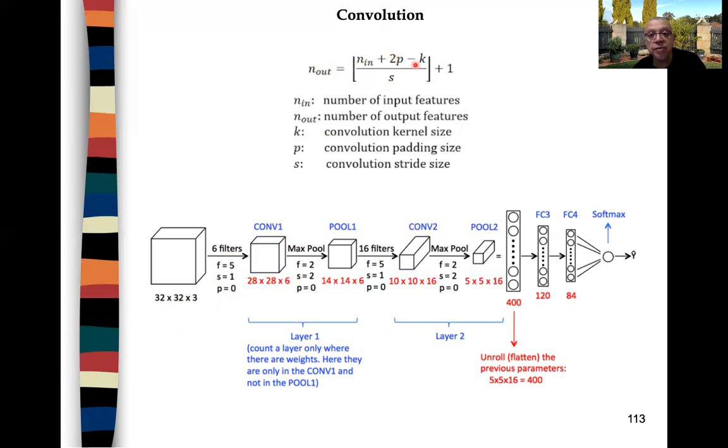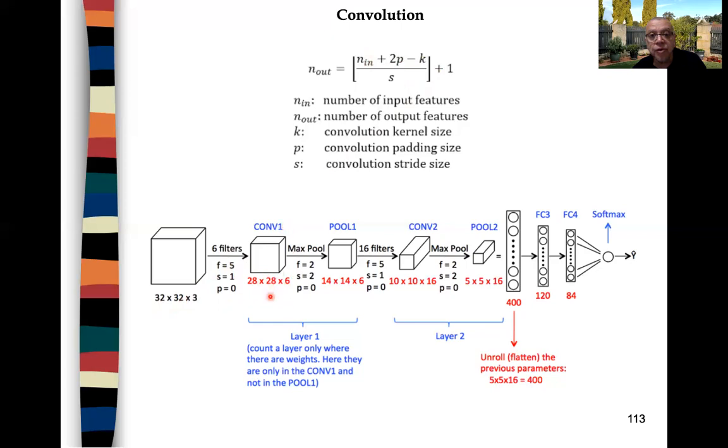So minus, it should be f here, minus 5. So 32 minus 5 is 27, divided by the stride, which is 1. Okay, so it's 27 plus 1. So that's 28, and this is the floor operation. The same thing for here.